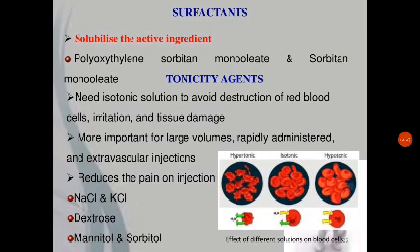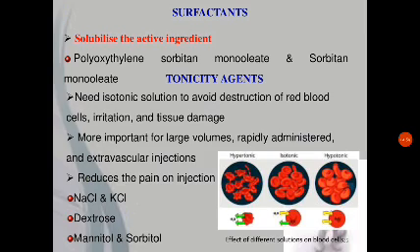Then surfactants are also some of the ingredients which are used to solubilize the active ingredient, the API, when it is not water soluble. The most commonly used surfactants are polyoxyethylene sorbitan esters, that is Tweens and Spans.